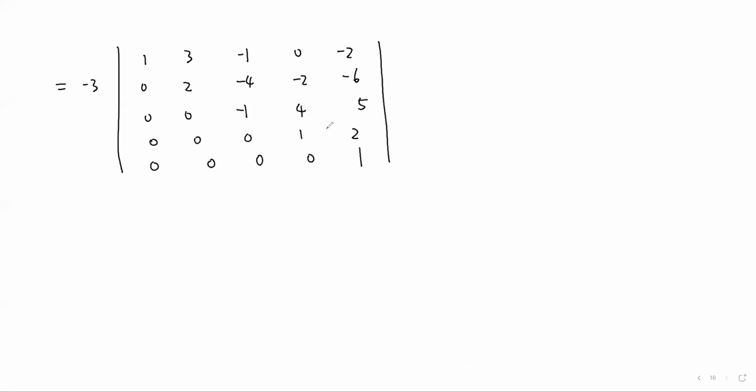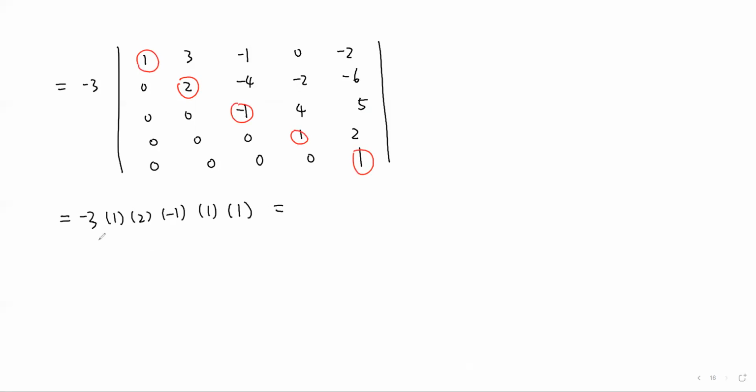The final determinant is an upper triangular determinant. So by theorem, this determinant is just the product of the main diagonal entries. Yeah, the product. So this is 1, 2, -1, 1, 1.